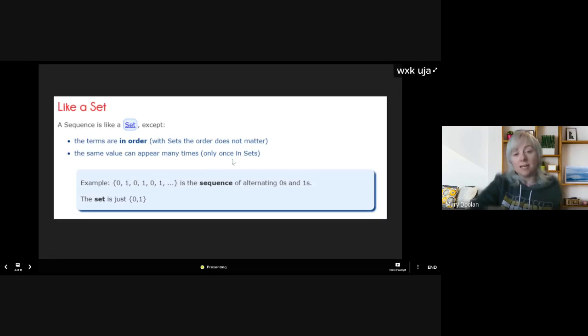If you have a set of numbers, then you don't repeat values. So an example here, we have 0, 1, 0, 1, 0, 1. This is a sequence of alternating zeros and ones. Whereas if I was trying to represent all these numbers as a set, I would just write 0, 1. I wouldn't repeat any values because this is just repeating forever.